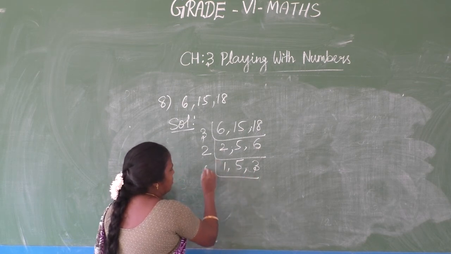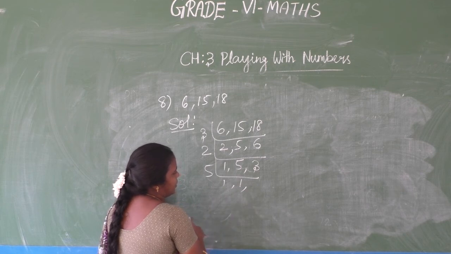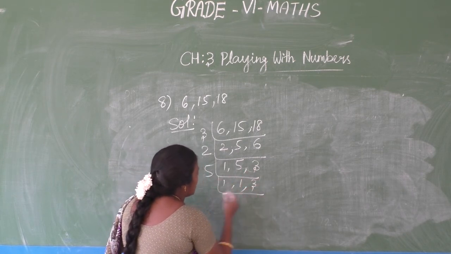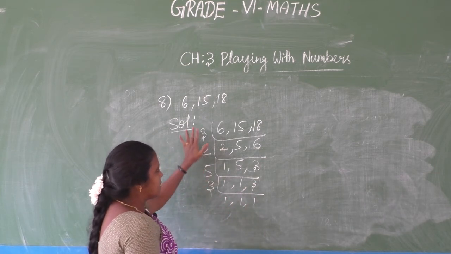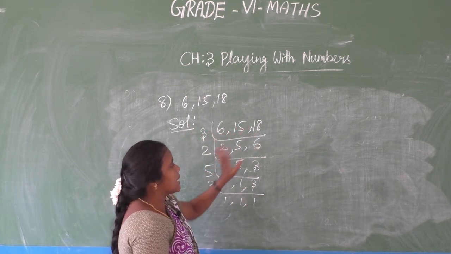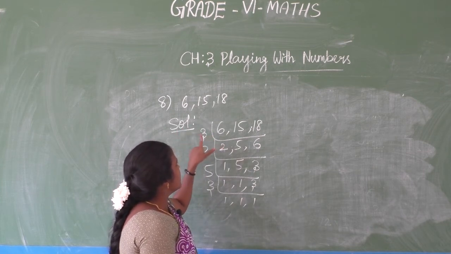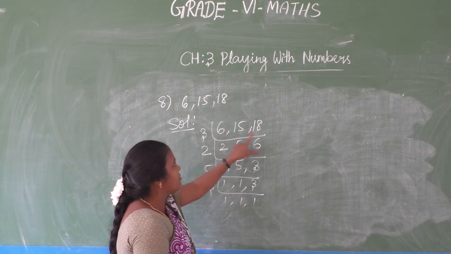Now 5 is a prime number, so divide by 5. 1 5 is 5. 3 will not come in the 5 table, so bring it down. Now 3 alone. 1 3 is 3. What I did is simply take the 3 numbers together and solve. First I divided these 3 numbers by 3, the common factor.